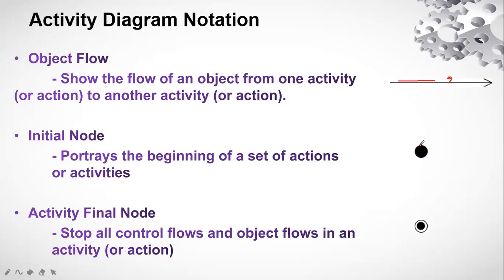That means this particular circle, which is a completely dark circle, is going to show you that here the set of actions is being initiated. That means it is the starting, the initial node of the activity diagram. Before this, nothing is there, right? Next one is, it is also called the precondition. You can remember it. It is also called the precondition.